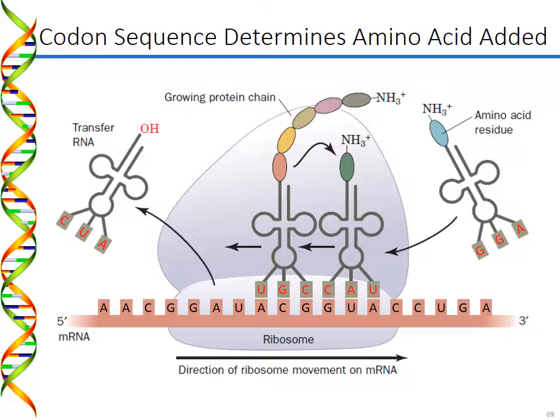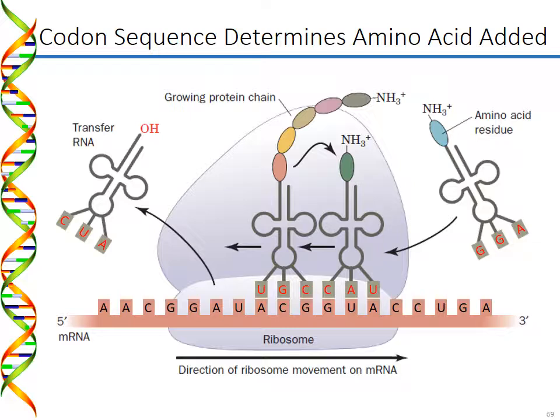As the ribosome moves, it will attach the next amino acid, which will be the 6th one in the chain. That is the amino acid on the tRNA currently in the A spot.